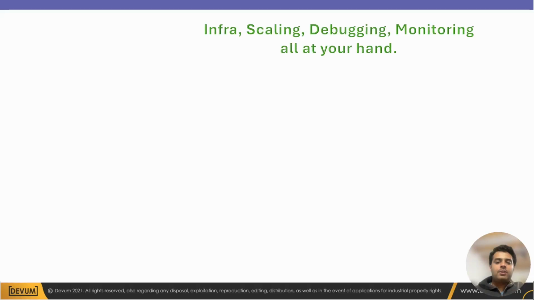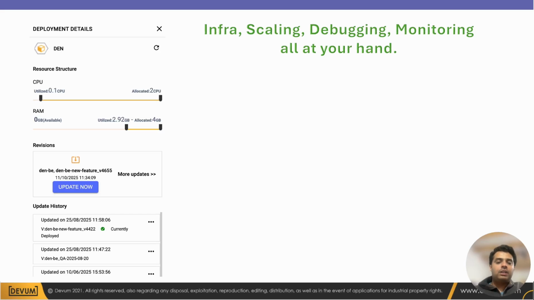Devum Console consists of key features which help you manage infra, scaling, debugging, and monitoring, all at your hand visually. On the left side, upper part, as you see, the polygon is the pod, which can be controlled using the button to restart the application, or use the resource structure to allocate or deallocate resources like CPU or RAM.